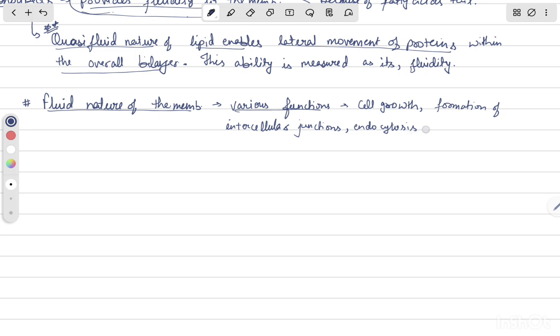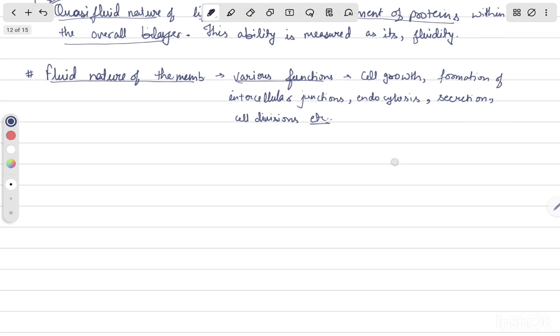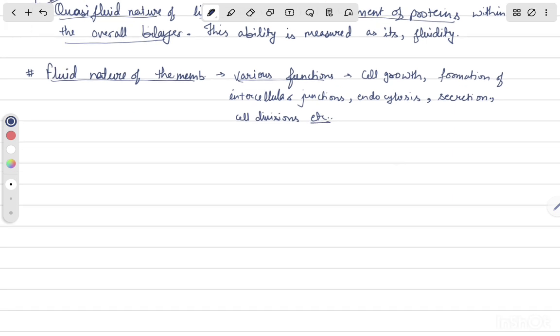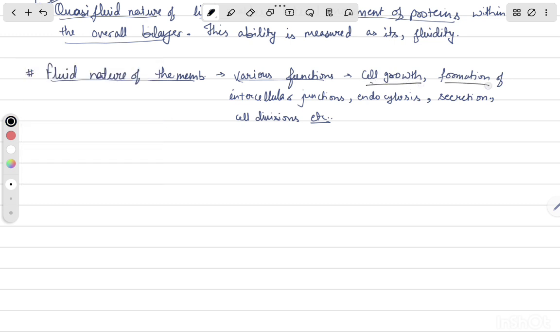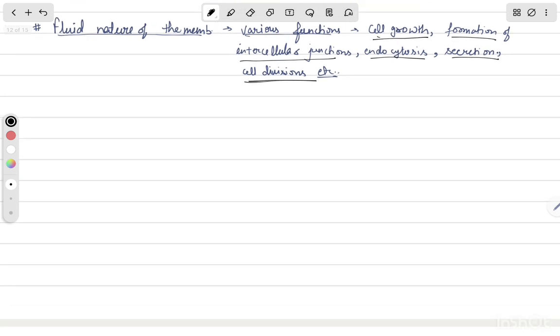We'll learn about what endocytosis is, the complete process of endocytosis. Number four is secretion, and number five is cell division. These are given in your NCERT. There are more functions performed by the plasma membrane on the basis of its fluid nature, but the major functions are cell growth, formation of intercellular junctions, endocytosis, secretion, and cell division. These are the most important functions performed by the plasma membrane.